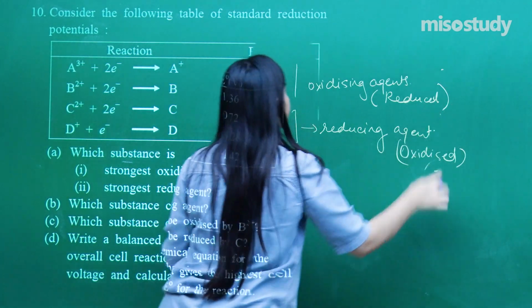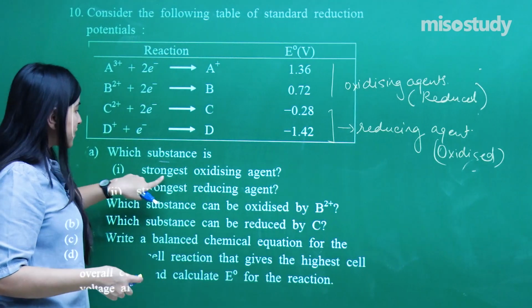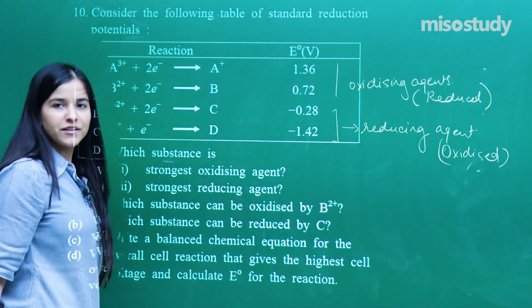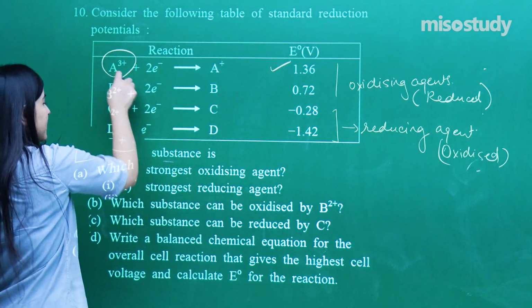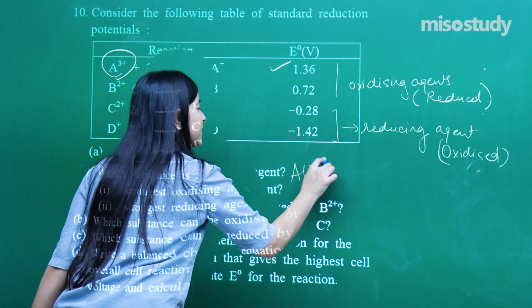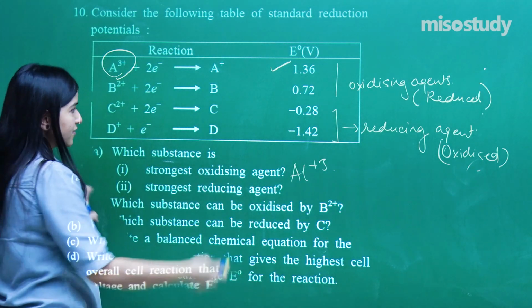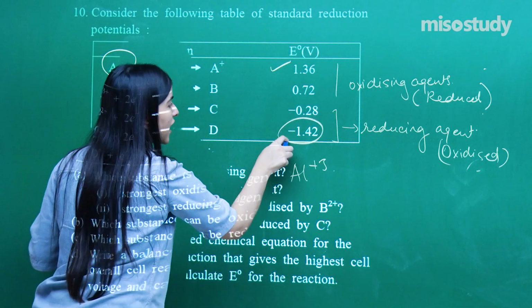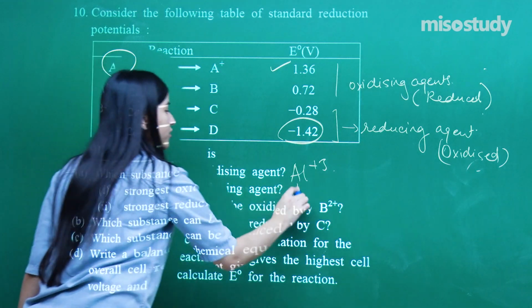Okay, done. Now we have analyzed the equations. Which substance is the strongest oxidizing agent? Tell me. Definitely this, yes. So we'll name it as Al plus 3. Now, which is the strongest reducing agent? We know the reducing agent has the most negative value. So it will be D positive.